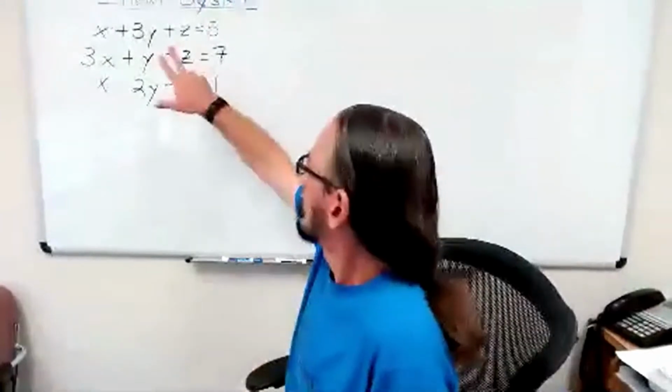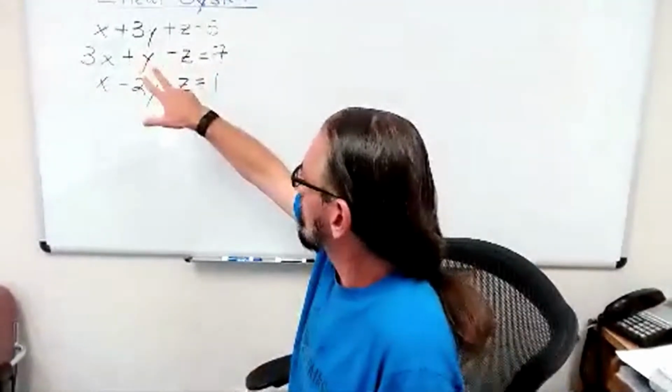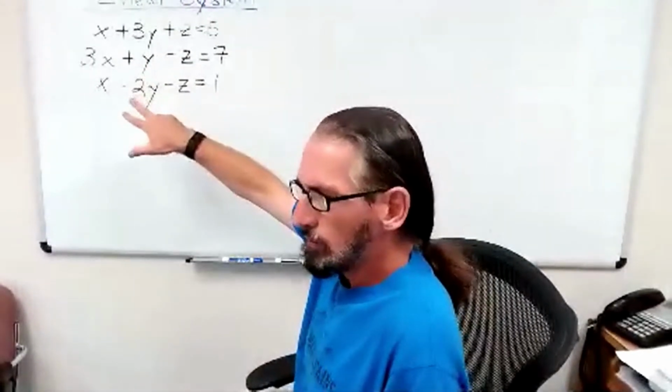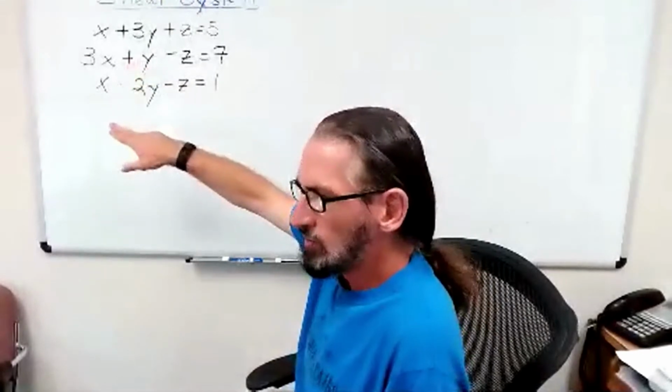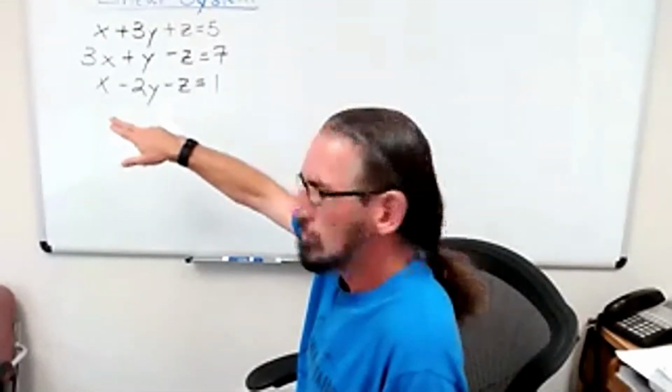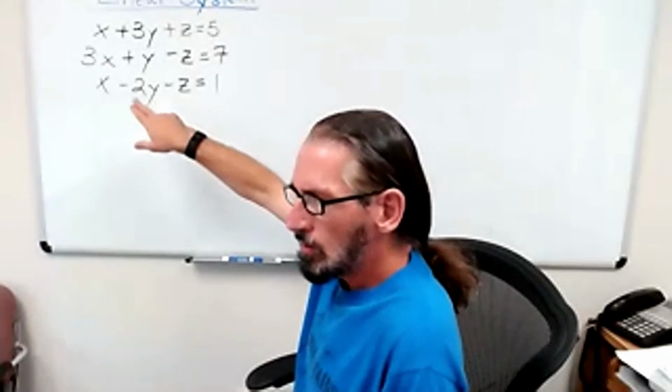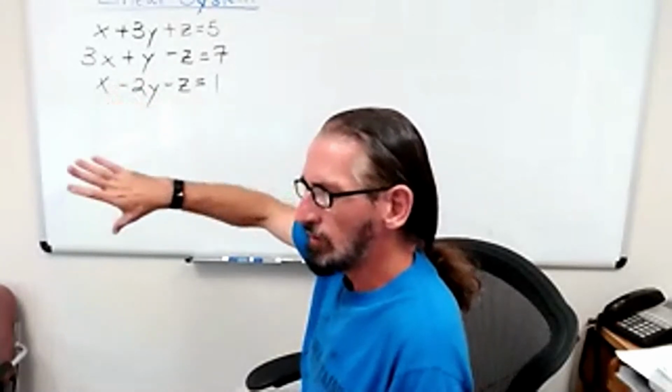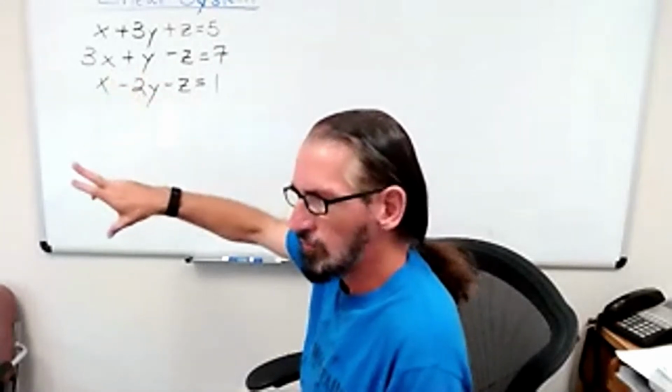So the easiest part here, we've got a 1x in both of those. So we could get a 1x and a negative 1x to cancel between equations 1 and 3.